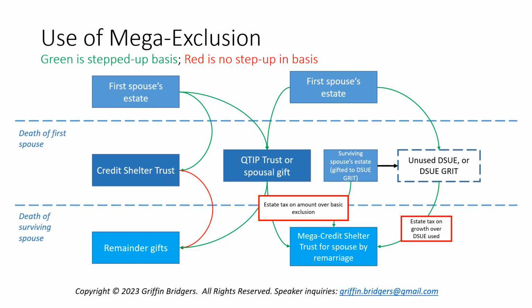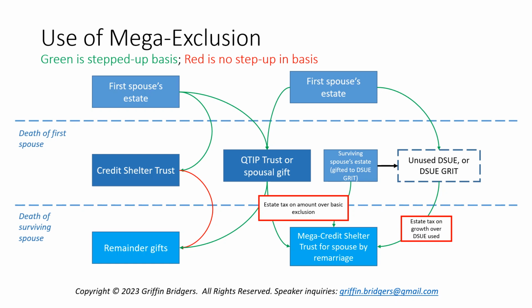So, giving this a better look, what we have now is our unused DSUE, or the DSUE GRIT, still in the phantom credit shelter box, but the idea now that our remainder gifts are really taking on the form at the surviving spouse's death of being a mega credit shelter trust for family members, or even for a spouse by remarriage.